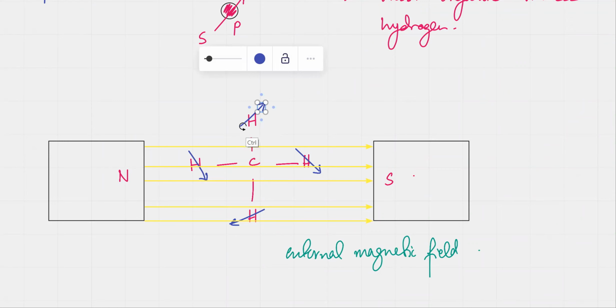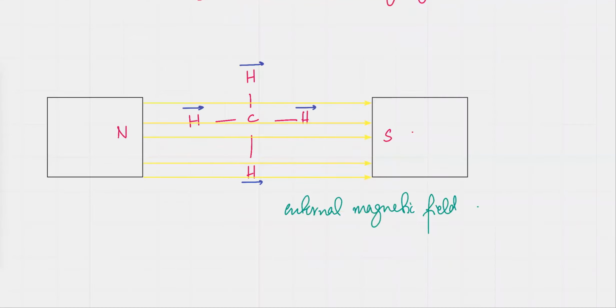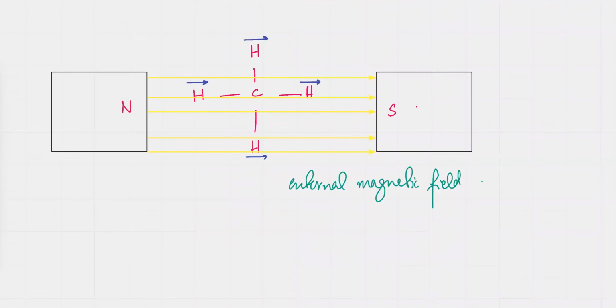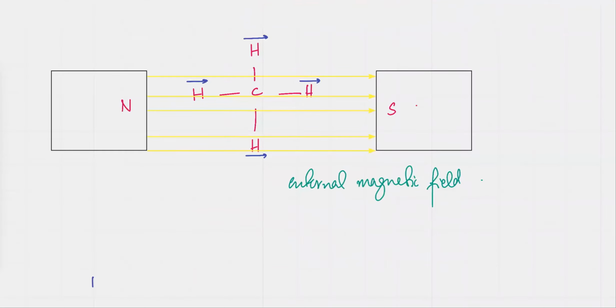So they're going to align with it, and they would all start to point in the same direction. Just like a compass needle, all of them would start aligning themselves with the external magnetic field. That's what magnets do. This is known as a low energy state, or aligned spin.